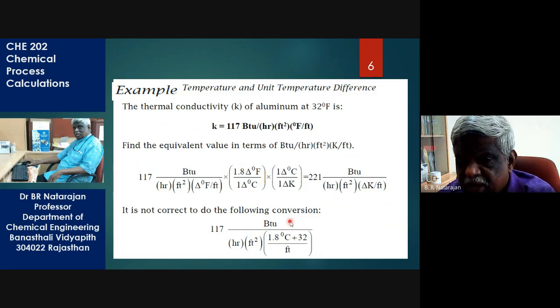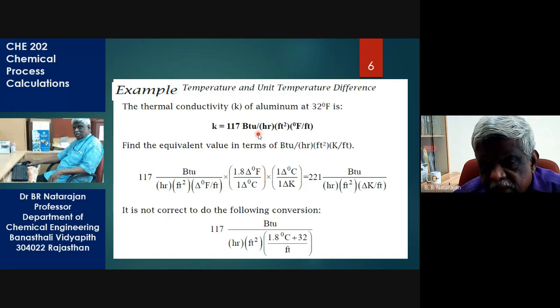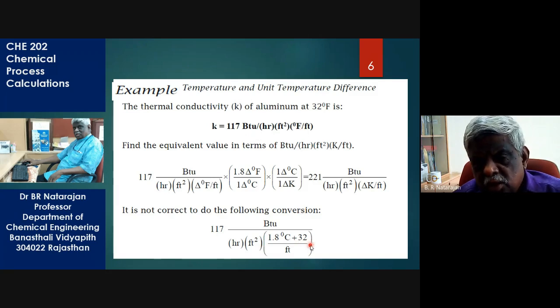Now, if somebody does this, 178 BTU, this is all in the denominator: hour, feet square, degree F per feet. Right? This is all in the denominator. Because BTU per, so you write BTU in the numerator, and in the denominator you write hour feet square, and instead of delta F, you write 1.8 plus 32, right?